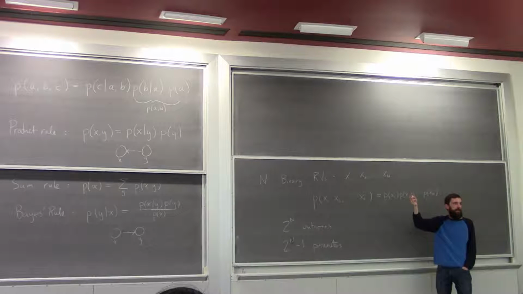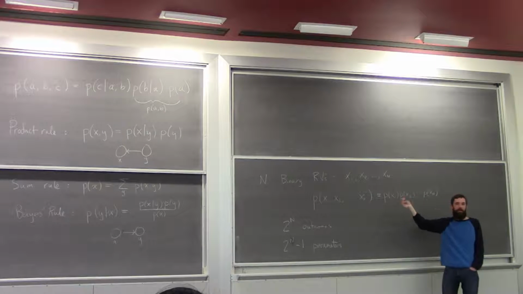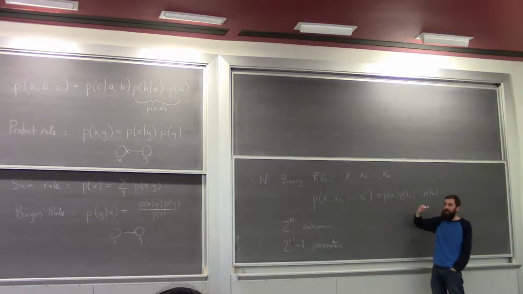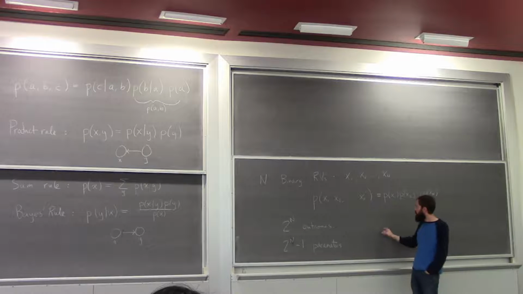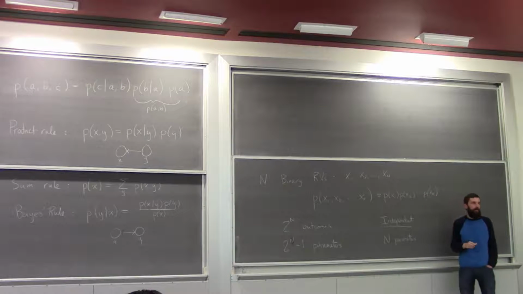Because the theta in a Bernoulli gives me 1 minus theta for a 0, theta for a 1. So I just need the theta for each one. So I really just need N. If they're independent, then I just need N parameters. That's much easier, right? That's linear in the number of variables.